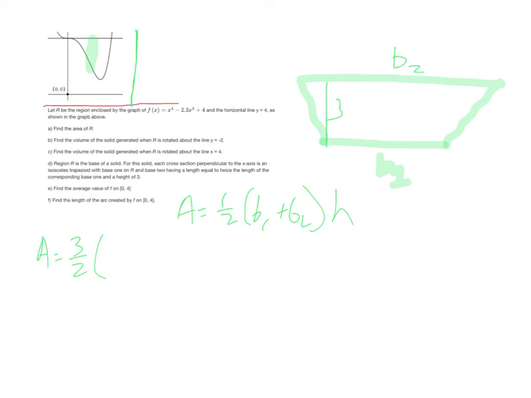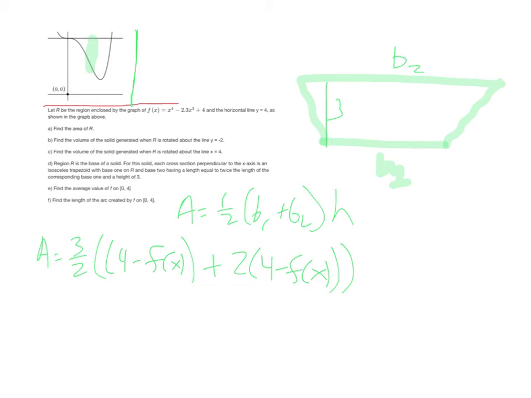So that's 4 minus, I'll just say f of x. We've been doing that in this one. And then base 2 is 2 times that. And so that's the area of any one given rectangle.